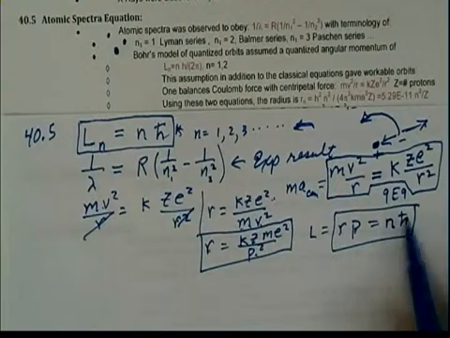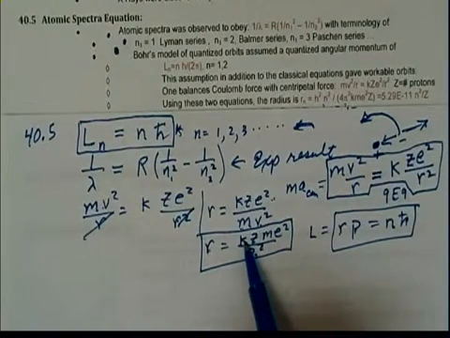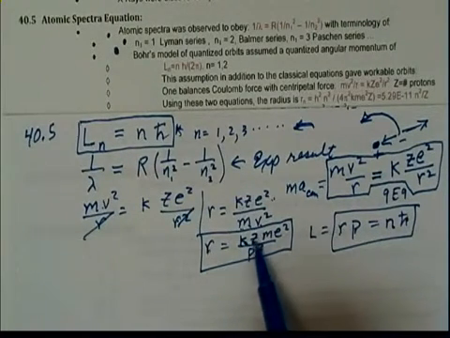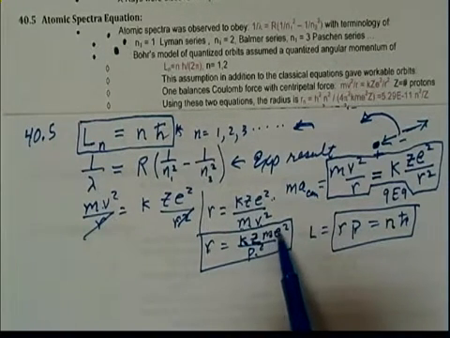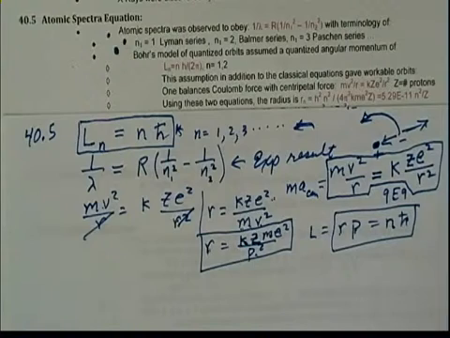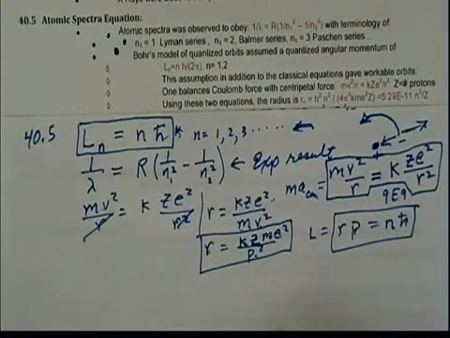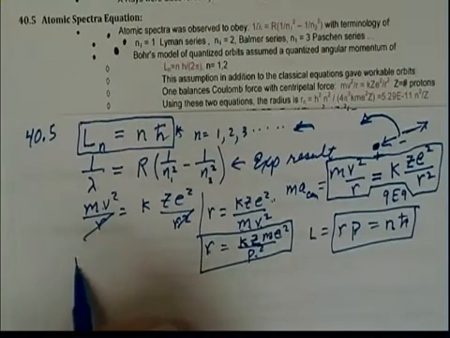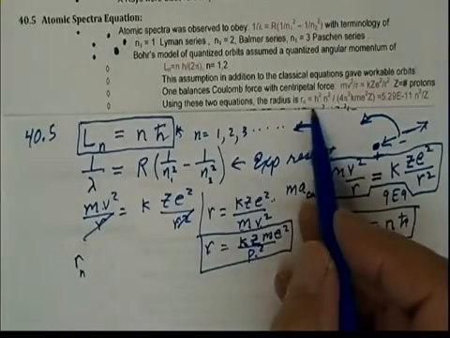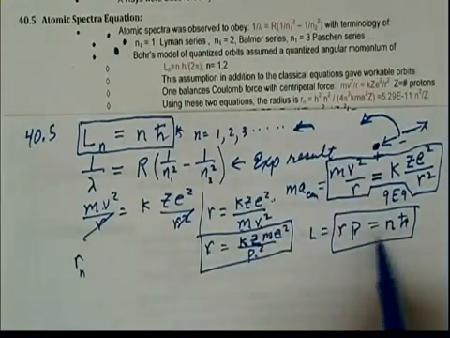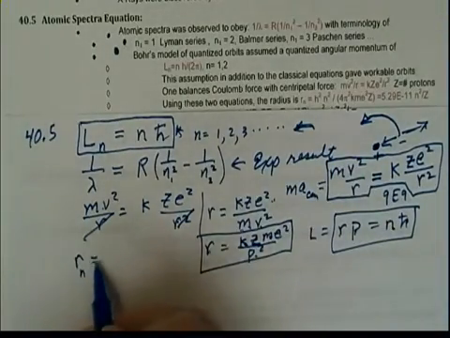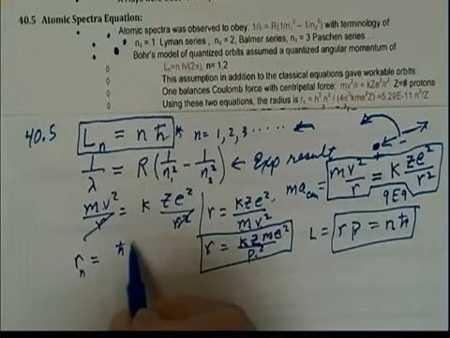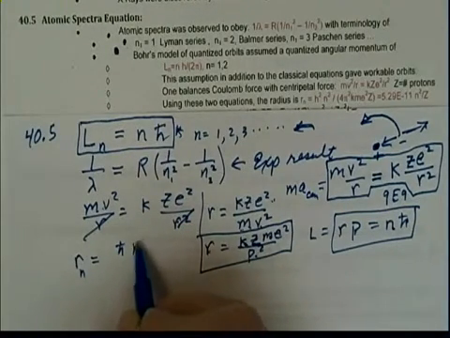This is fixed, this Planck's constant. This k is fixed, 9 times 10 to the 9th. Z is the number of protons in the nucleus. The mass is fixed. The charge is fixed. So there are no other variables in this equation. And if we solve that, one can show the following. I'm not going to go through all of this algebra, but the equation is right here. The radius of the nth orbit is going to be equal to h bar squared over n squared.